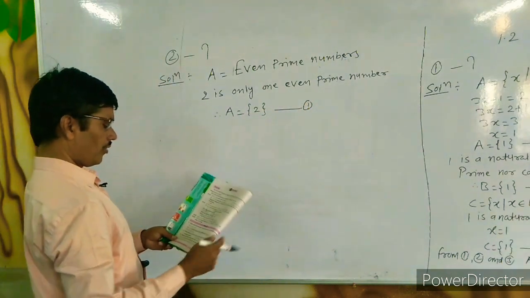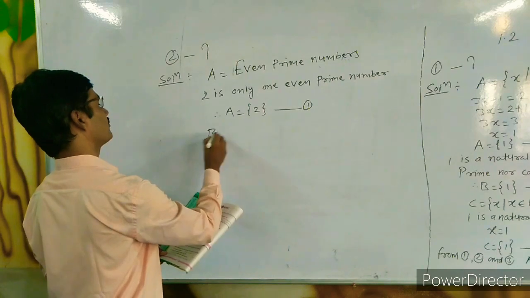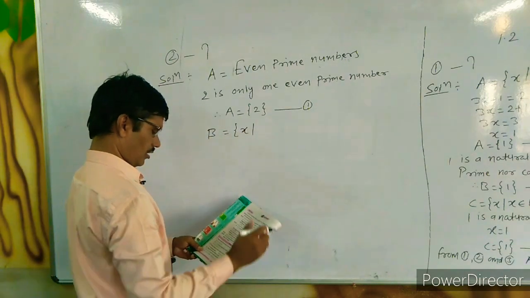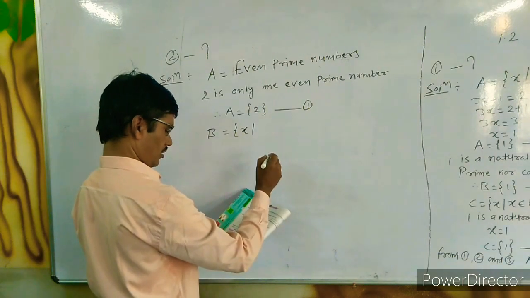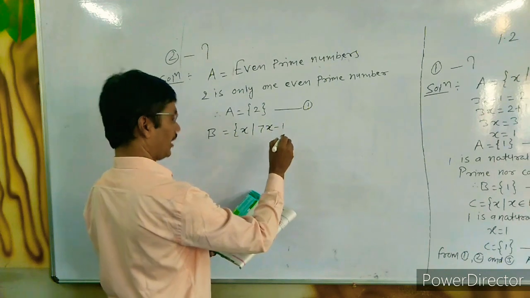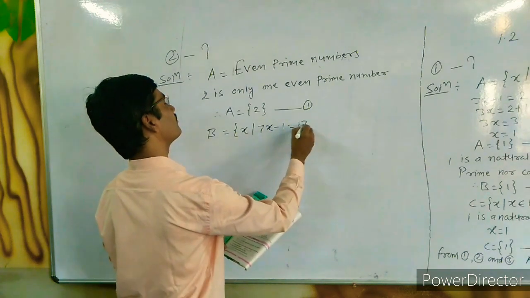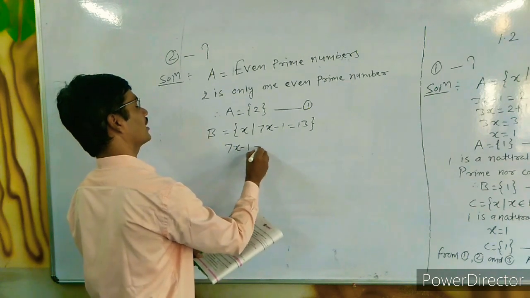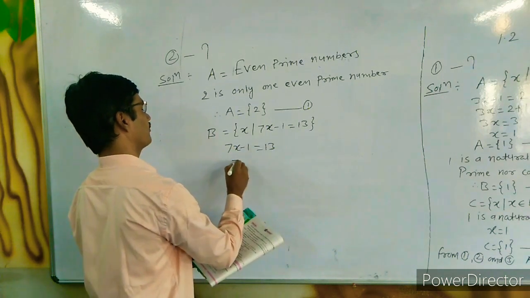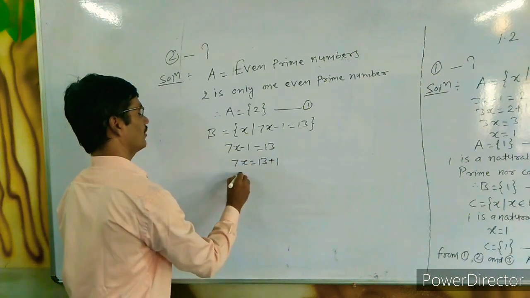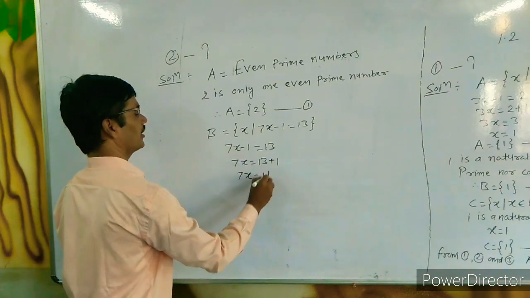B is the set of all x such that 7x minus 1 equal to 13. Solve the given equation. 7x minus 1 equal to 13. 7x equal to 13 plus 1. 7x equal to 14.